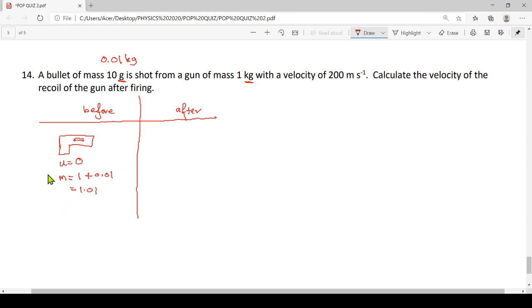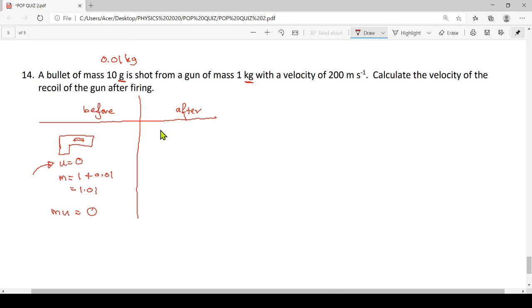But the total momentum before the collision, m multiplied by u, is 0, because the velocity is 0.